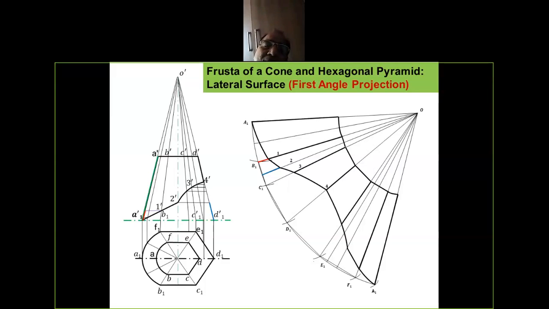This is divided according to the cutting portions, that is from A dash, B dash, C dash.